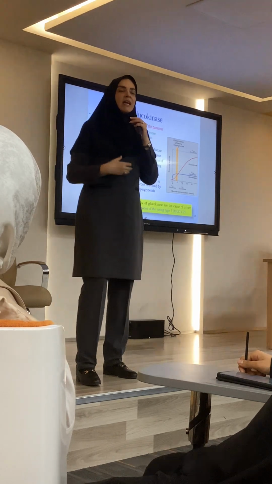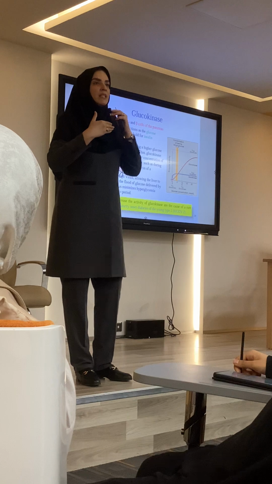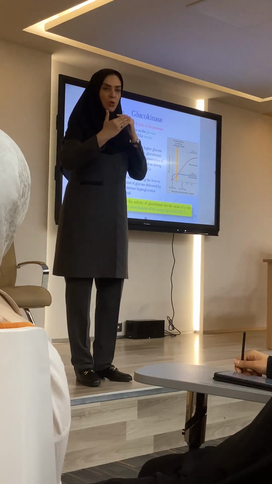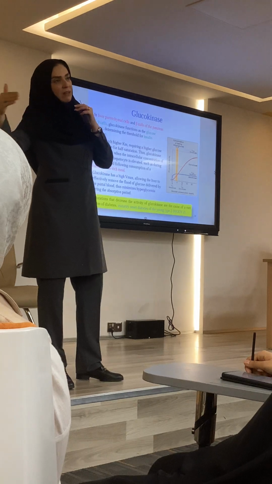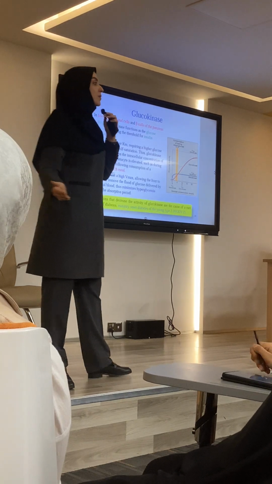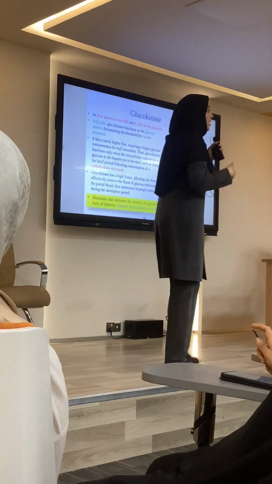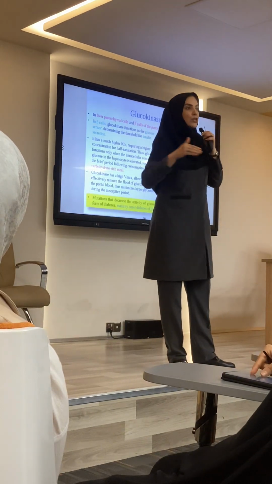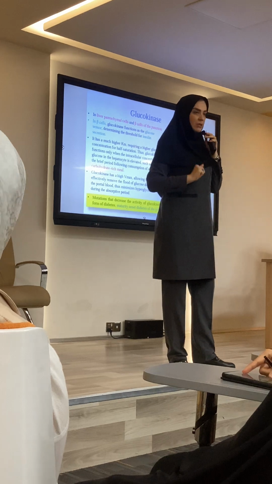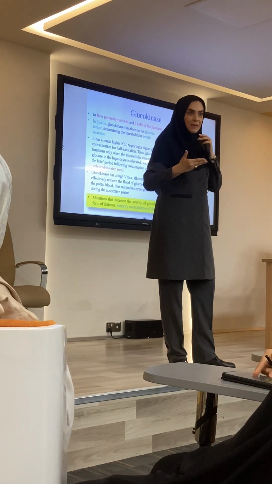And glucokinase starts the conversion of glucose to glucose 6-phosphate to fructose 6-phosphate, and glycolysis continues. So in other words, whenever you have active glycolysis, you can lower your blood glucose. You understand?